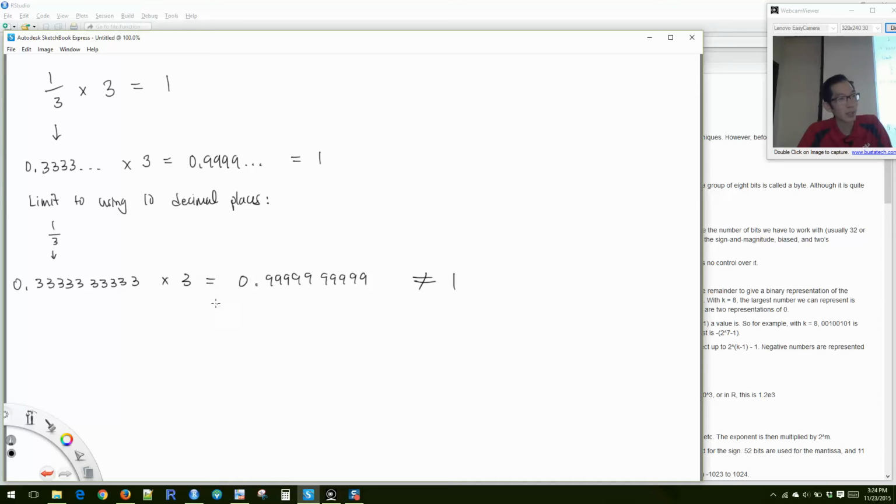We can't tell the difference, and so when you multiply by 3, we don't know whether it should be 1 or this. This is basically the problem.